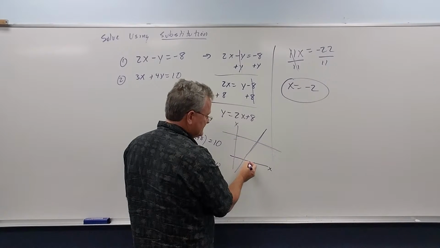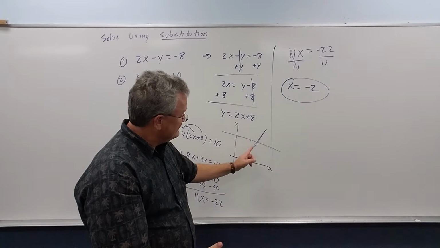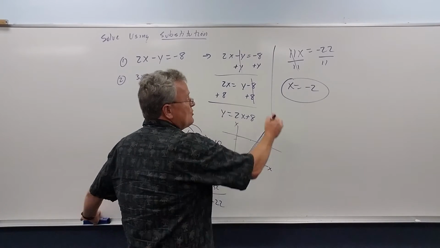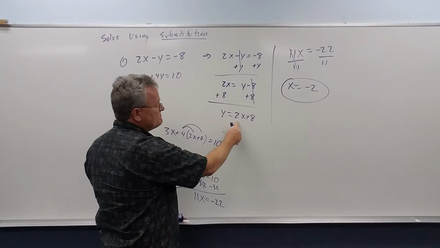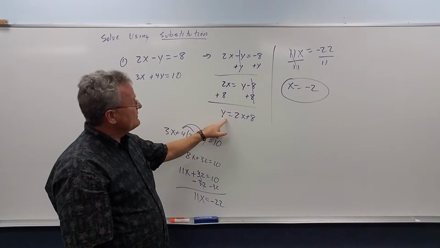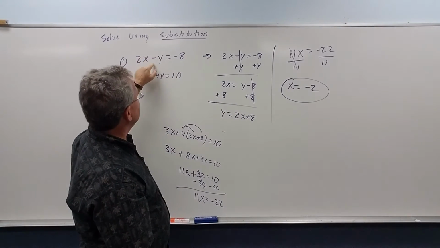If I pick a different x value, they have different y values. This is the only place where they have the same. So it doesn't matter which equation you plug this into. We could plug it in here because we have y right there, but just in case we made a mistake, let's plug it into one of these.